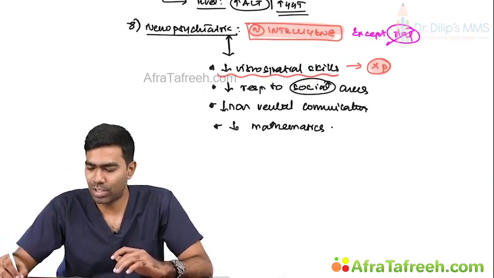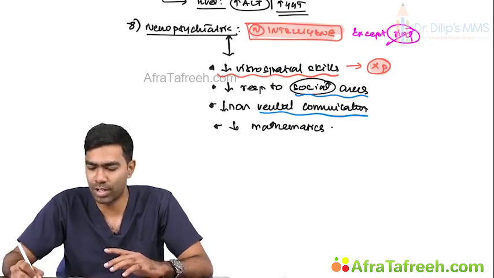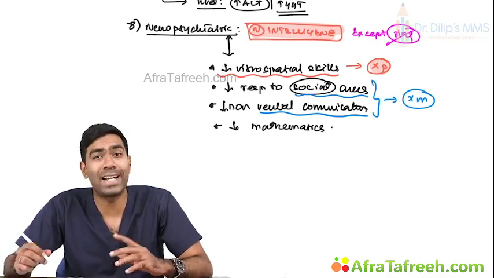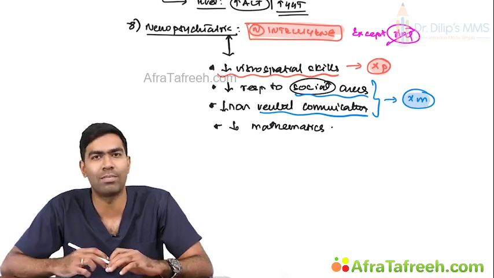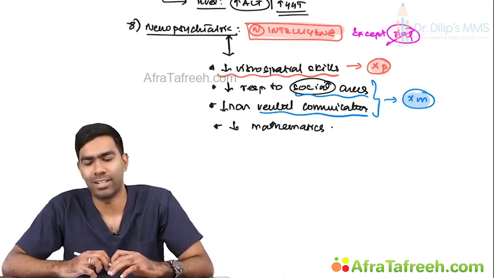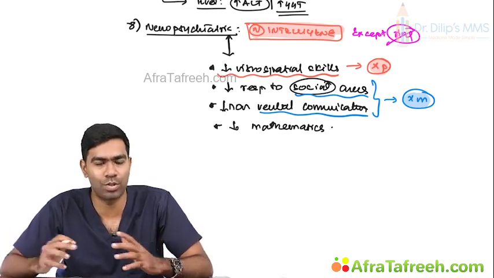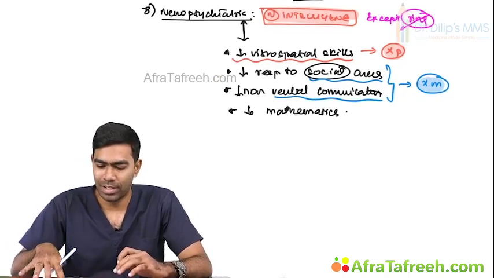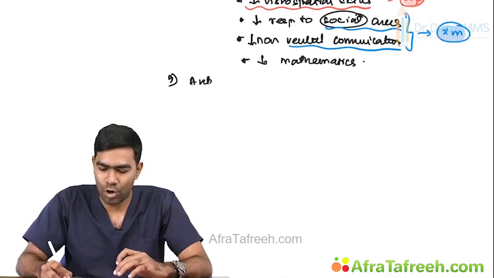And reduced response to social cues and non-verbal communication problems are usually related to inheritance of the X from the maternal side. Which means if the single normal X is inherited from the maternal side, they tend to have problems responding to social cues and problems in non-verbal communication. Clear?